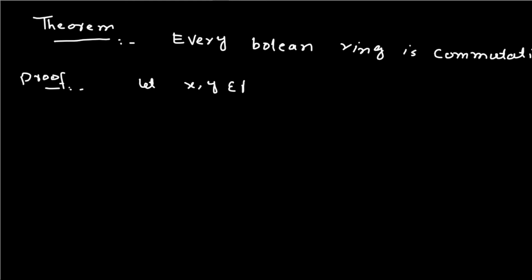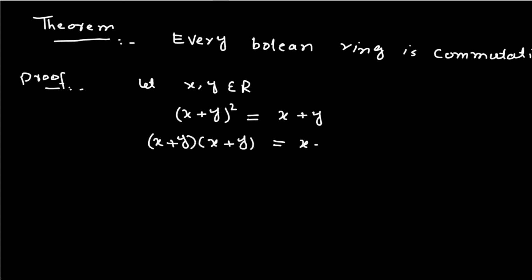Okay, so we take two elements. Here we are picking two elements from ring R, and those elements are x and y. By the definition of Boolean ring, (x plus y) square is equal to x plus y, and (x plus y) square can be written two times as (x plus y)(x plus y), which is equal to x plus y.